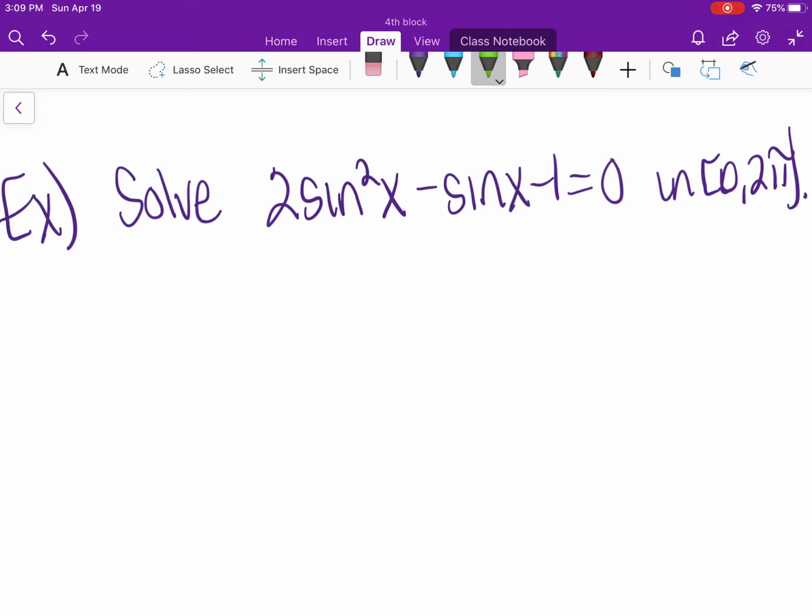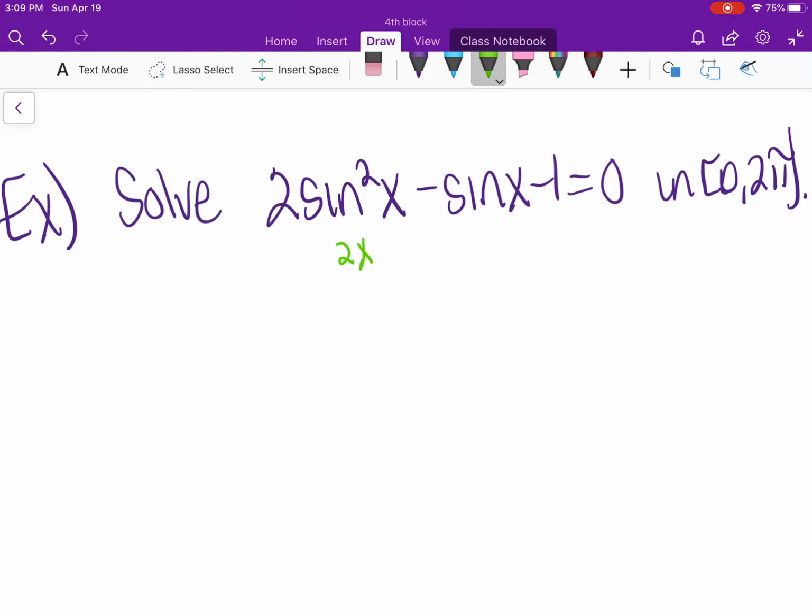Okay, so we want to think about this one in terms of a trinomial quadratic. There's not a GCF. The first two terms have a sine, but the third one does not. So if we think of it in terms of a trinomial that's a quadratic, then we should be able to factor it like a FOIL problem.